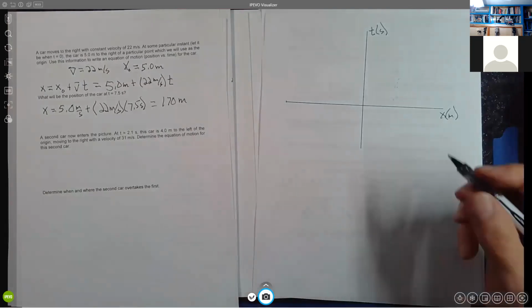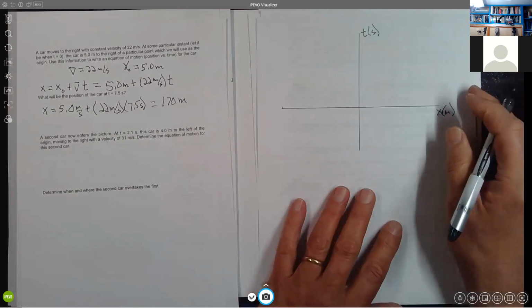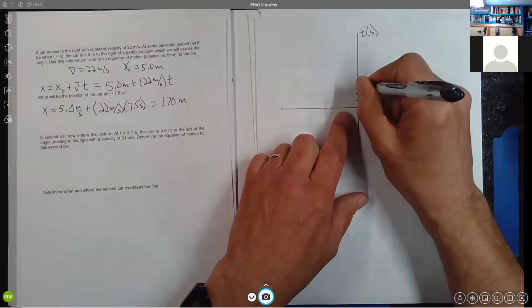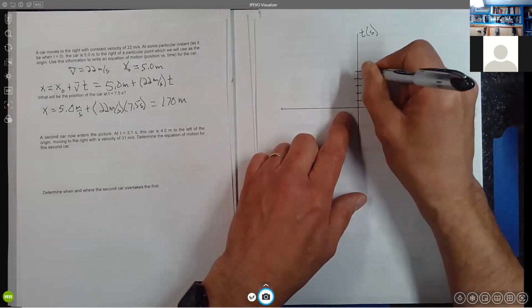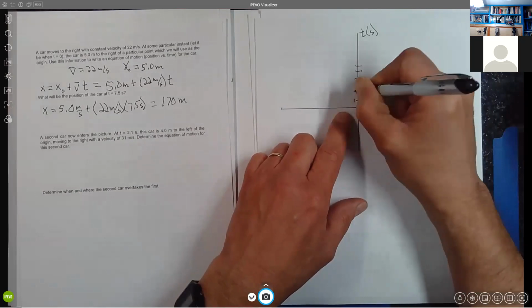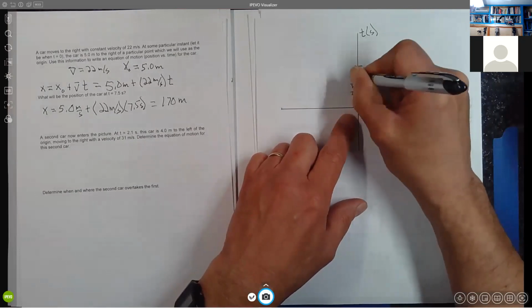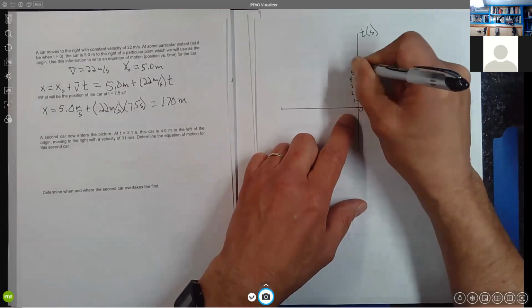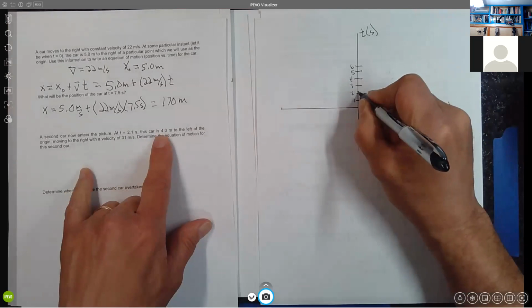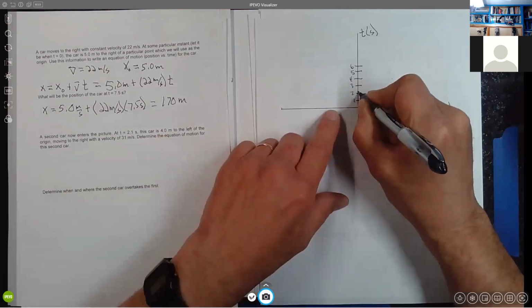It says at 2.1 seconds, this is my origin for both these things. 1, 2, 3, 4, 5, 6, or whatever. At 2.1 seconds, it's 4 meters to the left of the origin.